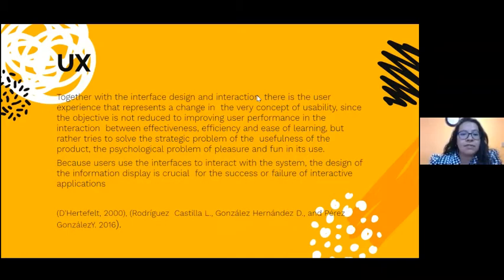The object is not only improving user performance in the interaction, in terms of effectiveness, efficiency and learning, but rather trying to resolve a strategic problem of the usefulness of the product and the psychological problem of pleasure in its use. Because users rely on the interface to interact with the system, the design of the information display is crucial for the success or failure of an interactive application.